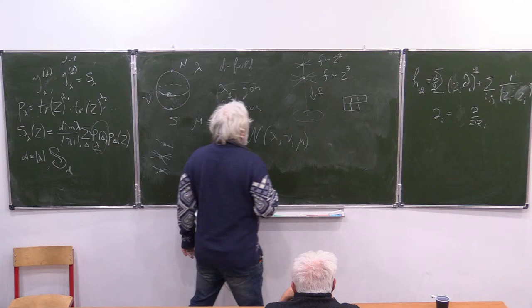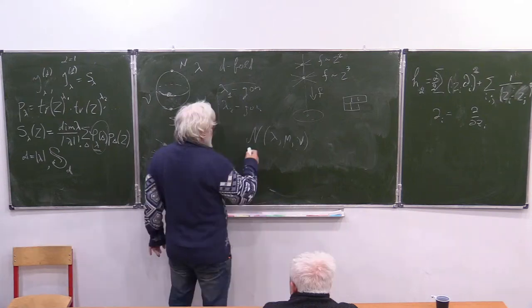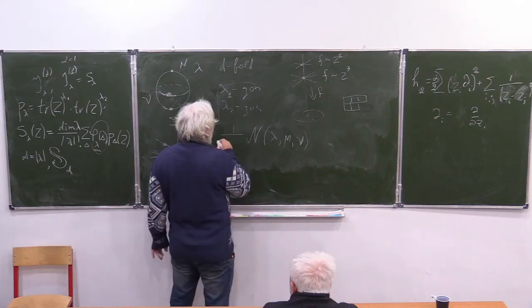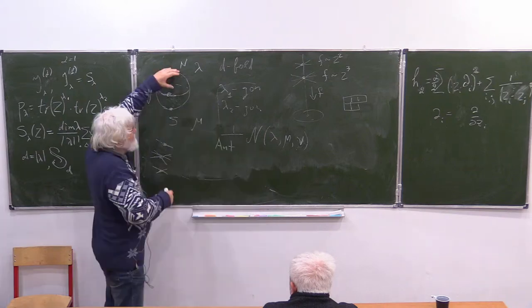And if we divide this number, let us identify gluings of the same gons with the same number of edges.